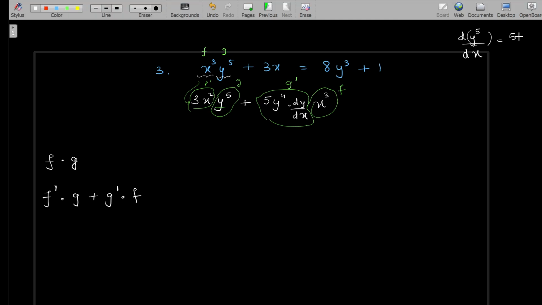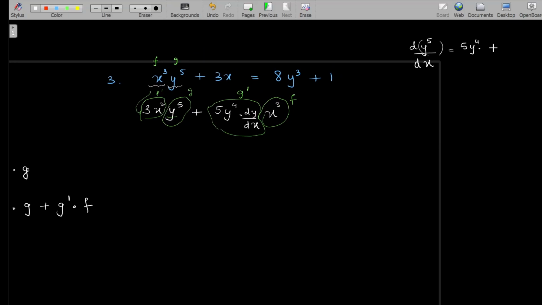So you first differentiate y raised to 5 with respect to y, that will be 5 times y raised to 4, and then you multiply it by dy over dx. So that is your g prime. Okay, Anika, I hope this step is clear. Sort of, it's okay. It will become clear when you practice more and more questions.